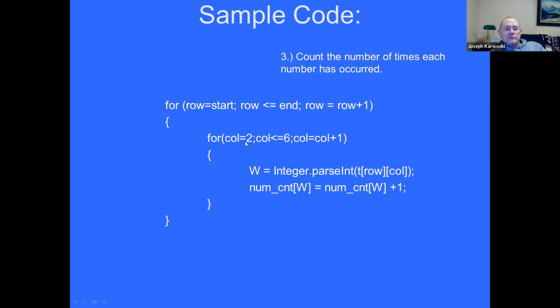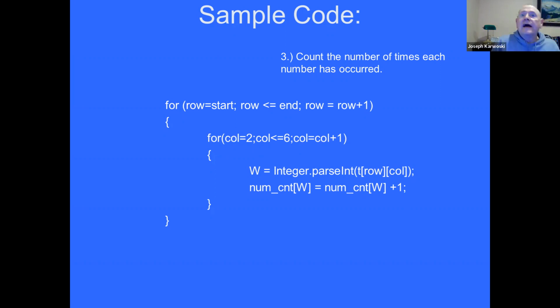Here I'm going to do my columns from 2 to 6, because remember, in our data, that first one is actually the date. We don't want to count the date at all. So we're starting the second column and going to the sixth column. So that would be 2, 3, 4, 5, 6. That's our 5 numbers.